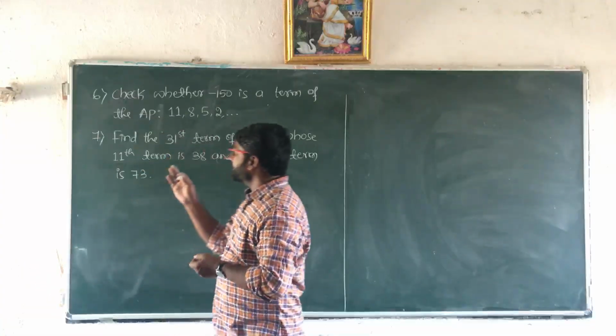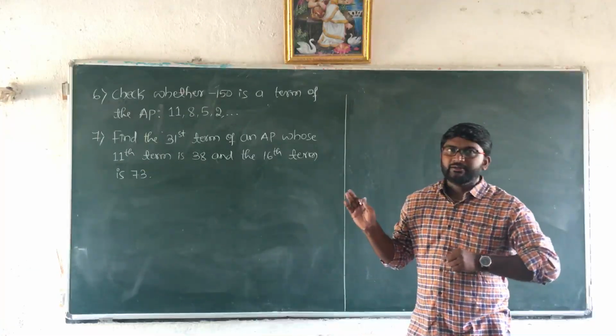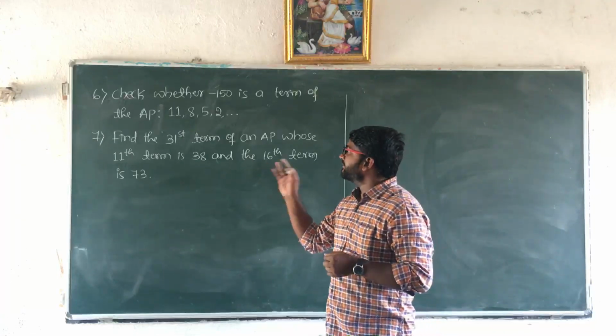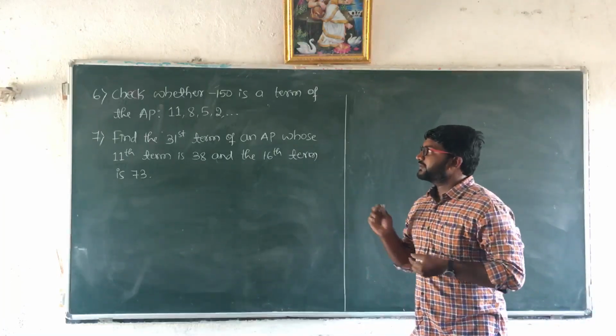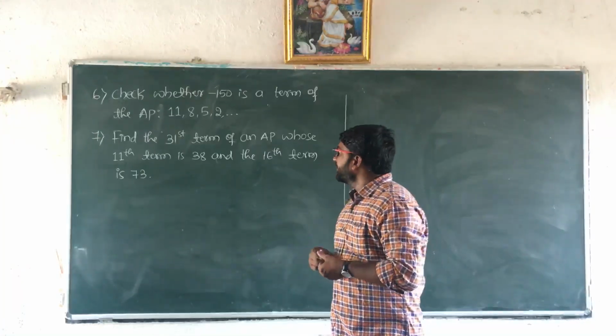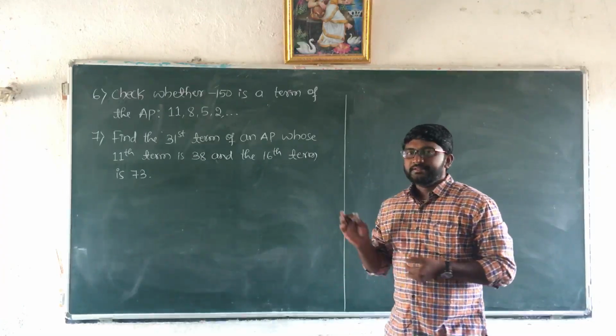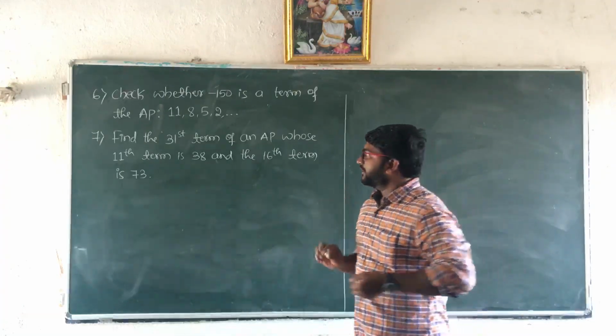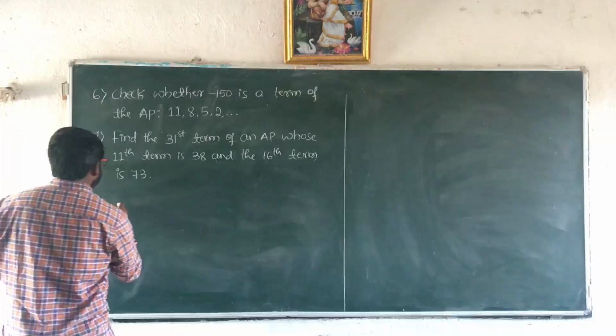Let us solve the 7th main question. So read out the 7th main question. Find the 31st term of an AP whose 11th term is 38 and the 16th term is 73. So let us go ahead with this particular problem here. Solution.